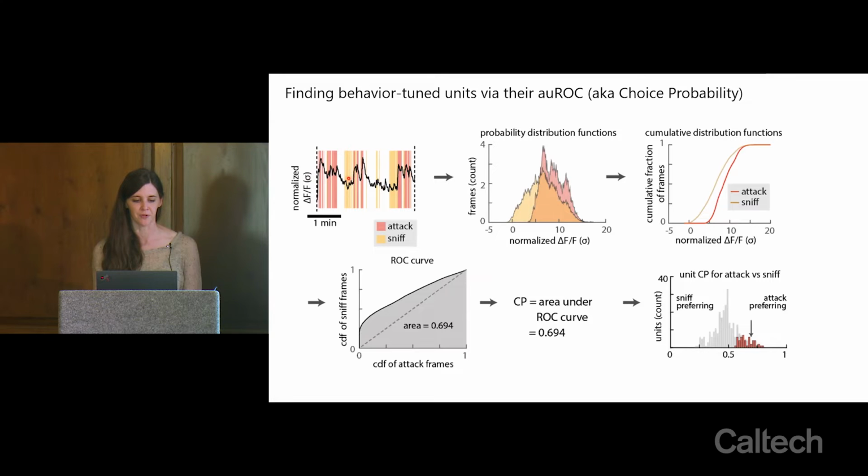You shuffle the timing of the attack and the sniff bouts, and you say, if I was just assigning frames to one of these two categories at random, how much overlap of the histograms would I get? You repeat that 1,000 times, and you look to see if you are higher than, say, 97.5% of them. If you are, then you call that a significant attack-preferring cell. And if you're down here, your area under the curve is lower, that makes you a sniff-preferring cell.